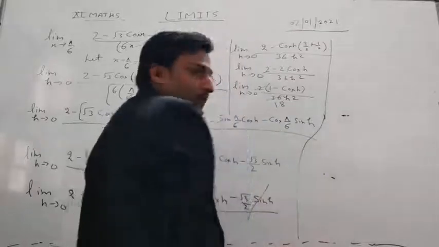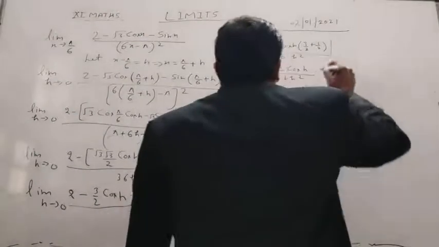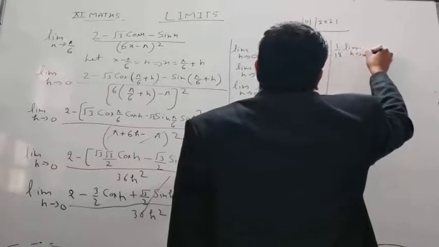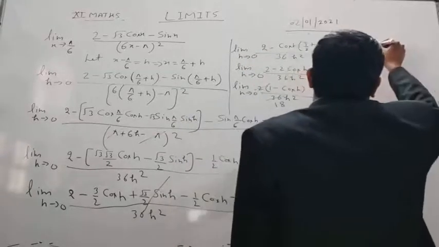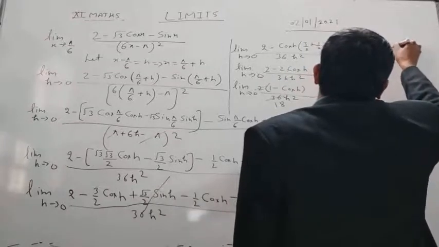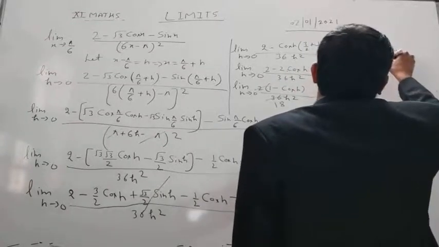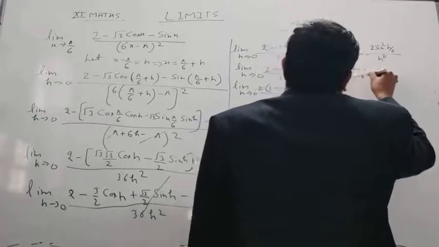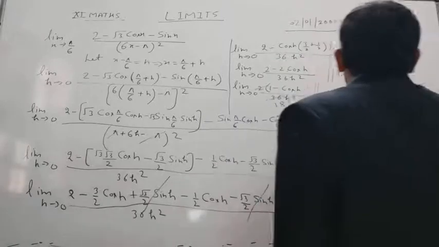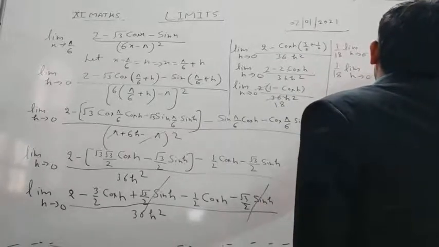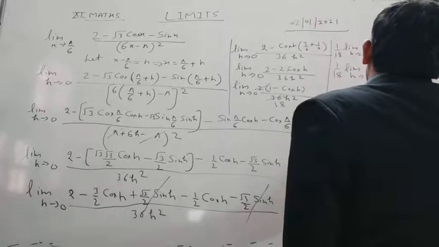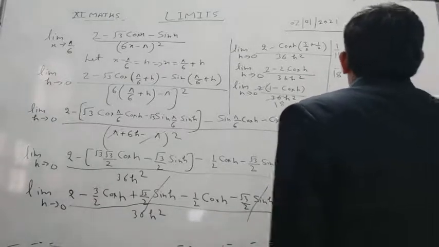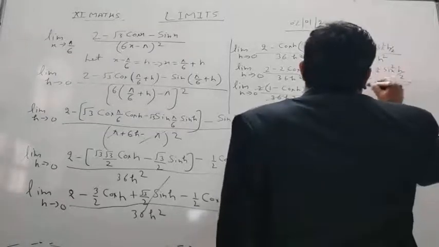Now we write, students, this is 1 by 18 limit h tends to 0. This 1 minus cos h can be written as 2 sin square h by 2 by h square. Now when we are dividing with 4 and multiplying with 4, this is cancelled 2 times.